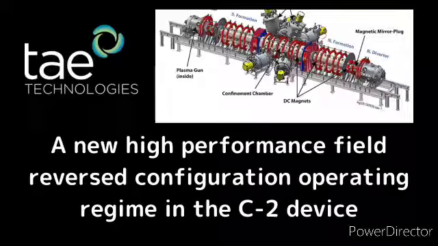The 20 keV fast ions have betatron orbits with large excursions outside the FRC separatrix. Typical outer turning radii are approximately 0.55 meter.